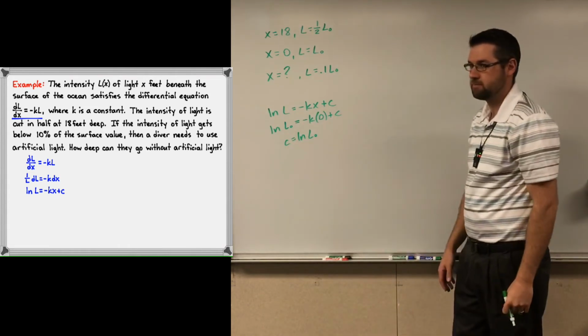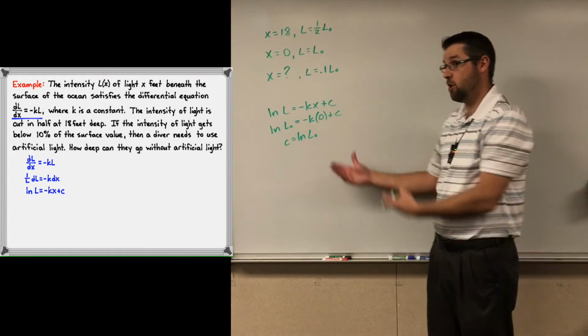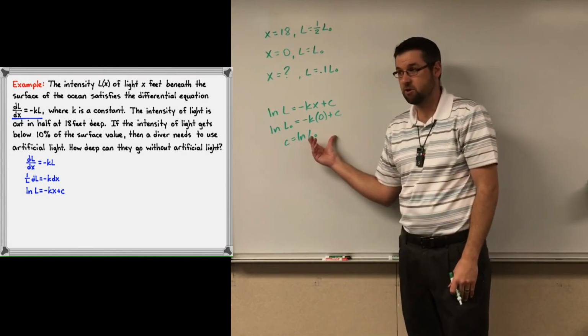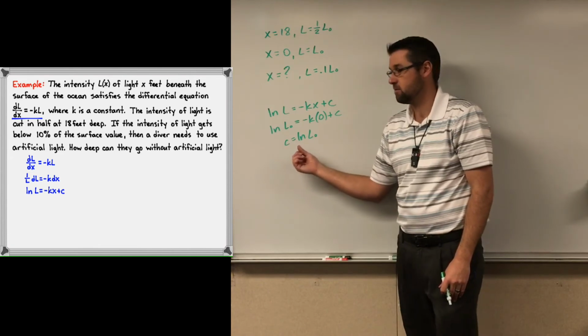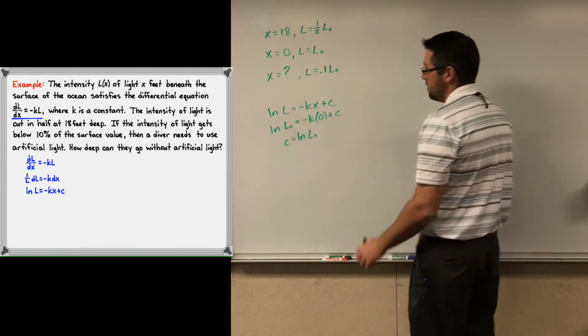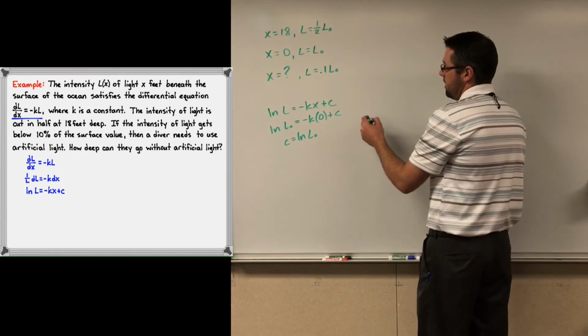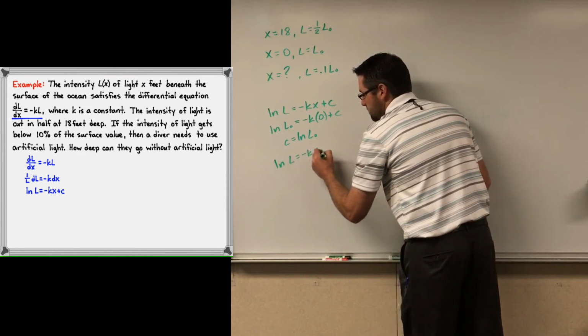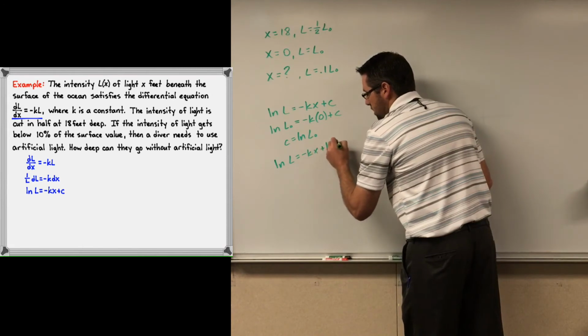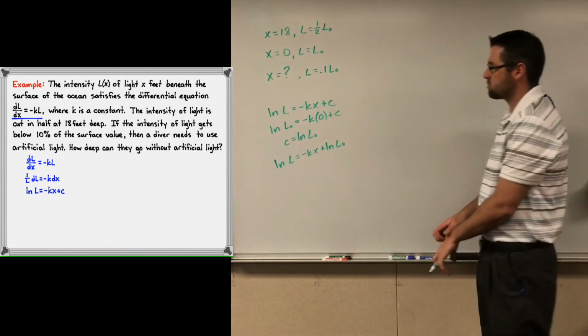You guys okay with that? Yeah. Do you know what the light intensity is at 0 feet? No, but whatever it is, that's the constant value. So now let's plug it back into our equation. We end up with the natural log of L equals negative kx plus natural log of L of 0.